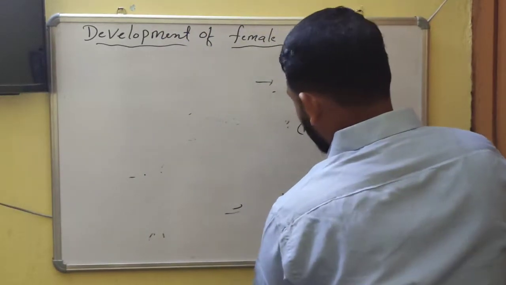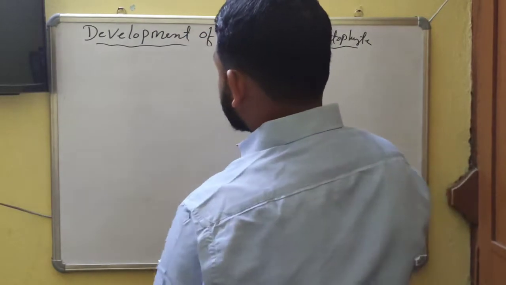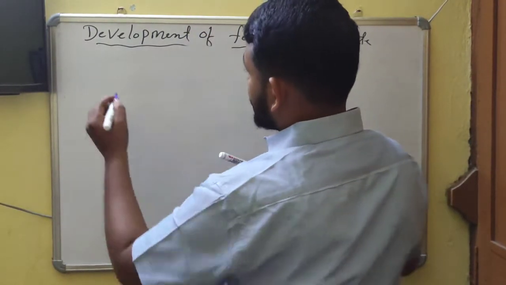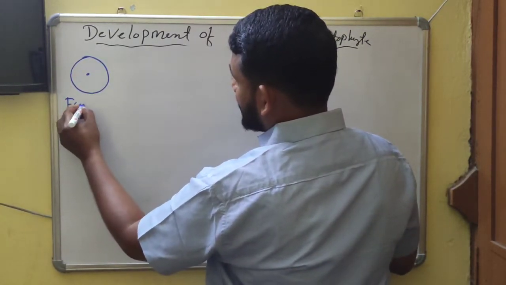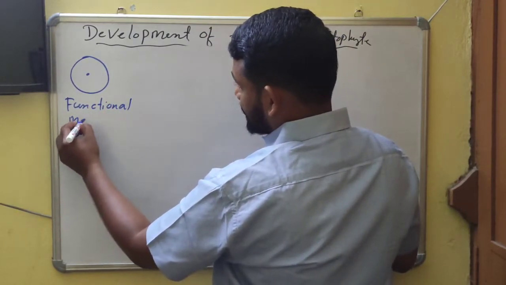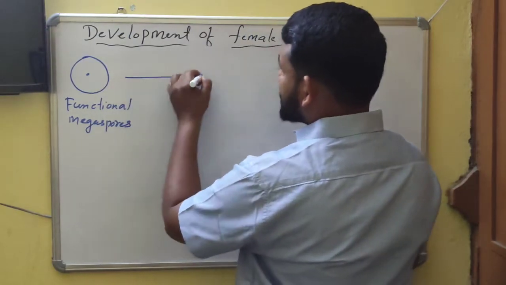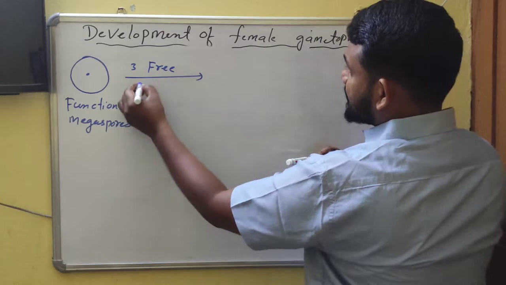Functional megaspore undergoes 3 free nuclear mitotic divisions. So this is the functional megaspore. Because 3 megaspores are degenerated, only 1 becomes functional. Now this functional megaspore undergoes 3 free nuclear divisions.